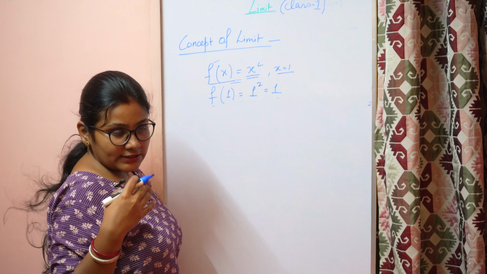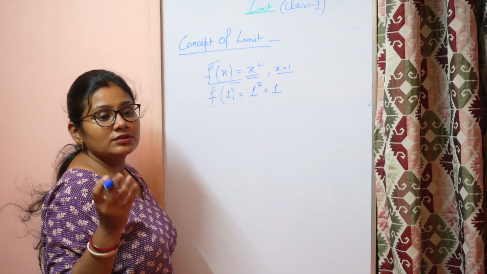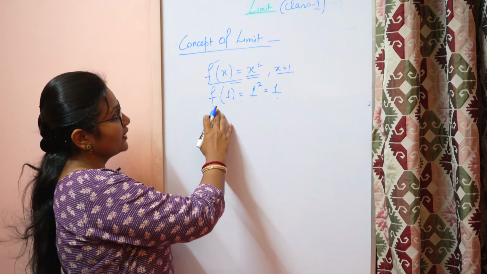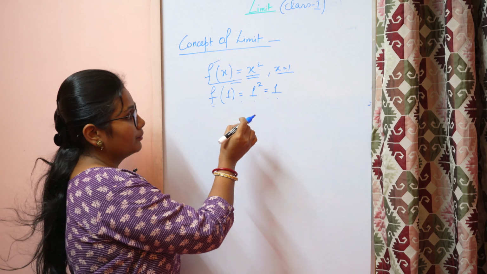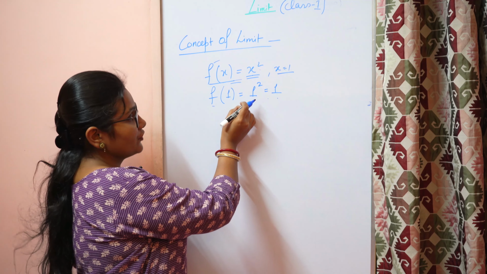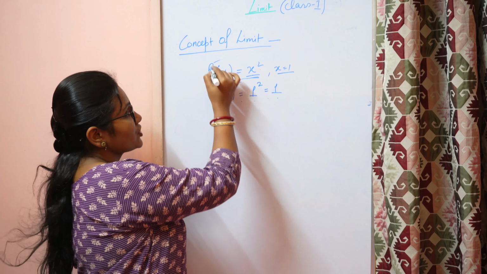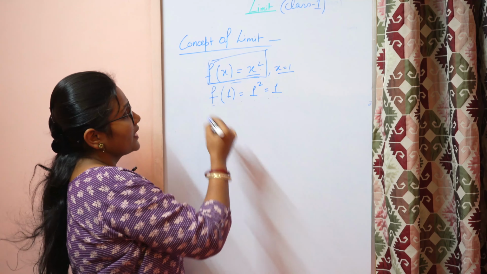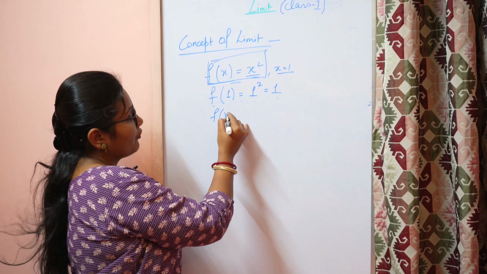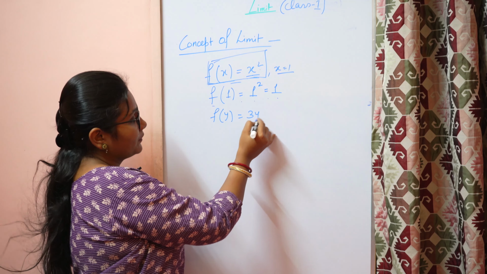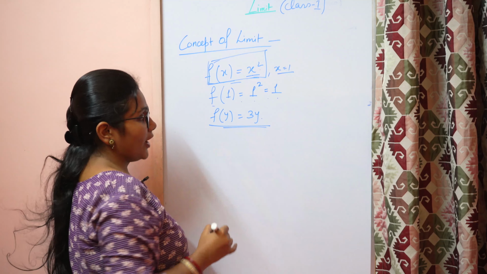This will be clearer in the chapter of function. I am just giving a small concept of function first. So this is called the function. And suppose you are taking f(y) is equal to 3y. This is a function of y.